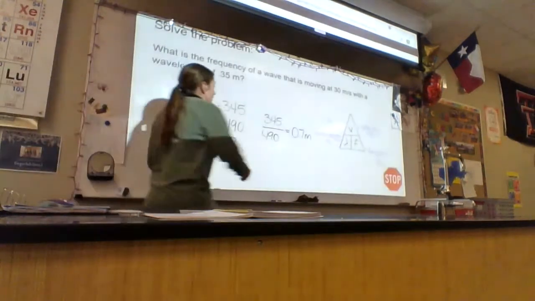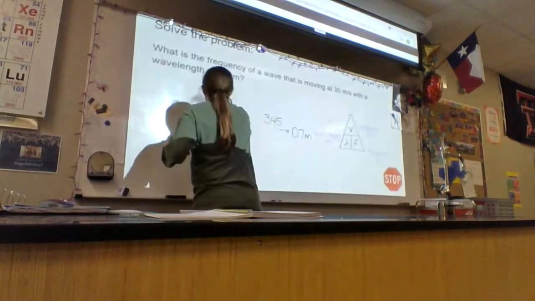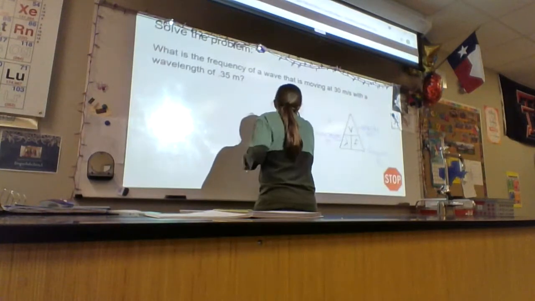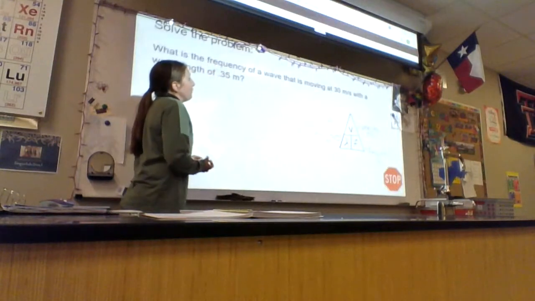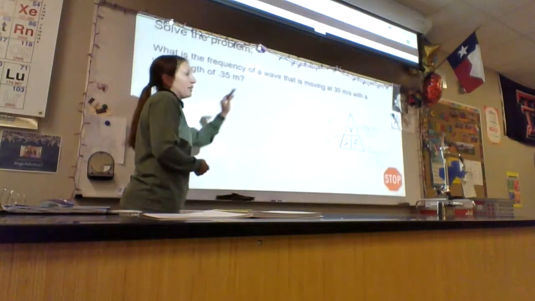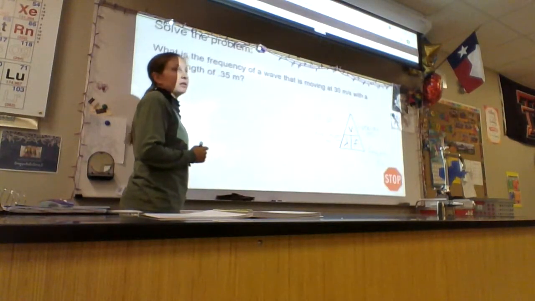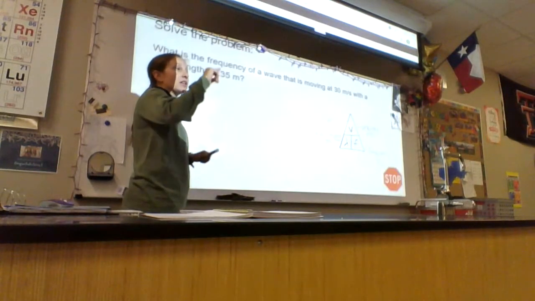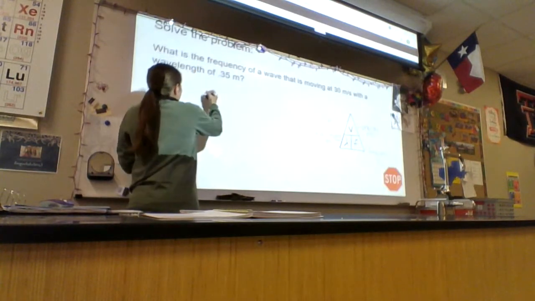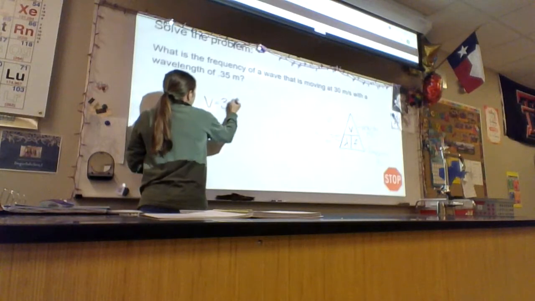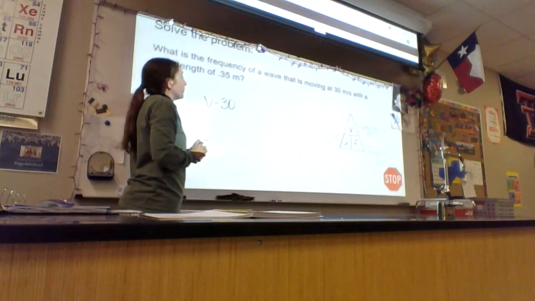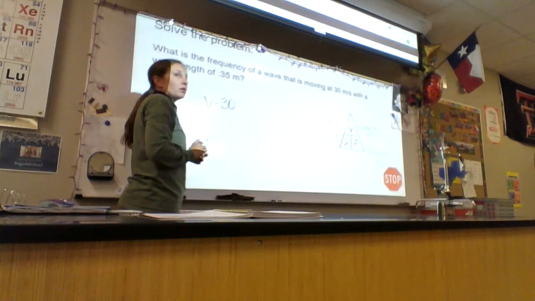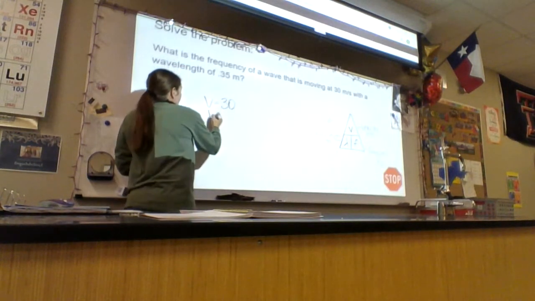Alright, let's work through this one, and then I'll let you practice. What is the frequency of a wave that is moving at 30 meters per second? What variable is that? Velocity, because of that m/s. Alright, so v equals 30 with a wavelength of 0.35 meters. So what's 0.35? Wavelength, the upside down y.